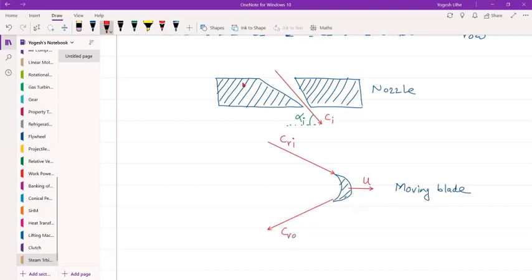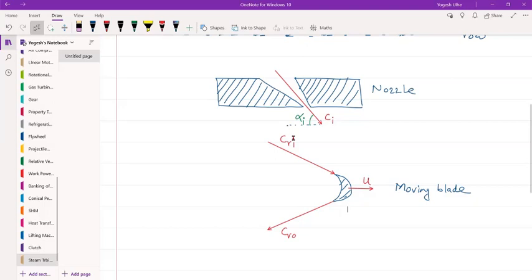Now what do we assume? Actually this blade is a moving blade, moving with a velocity of u. But if you assume the blade as a stationary body, then steam enters the blade with CRI, and CRI means relative velocity at inlet.